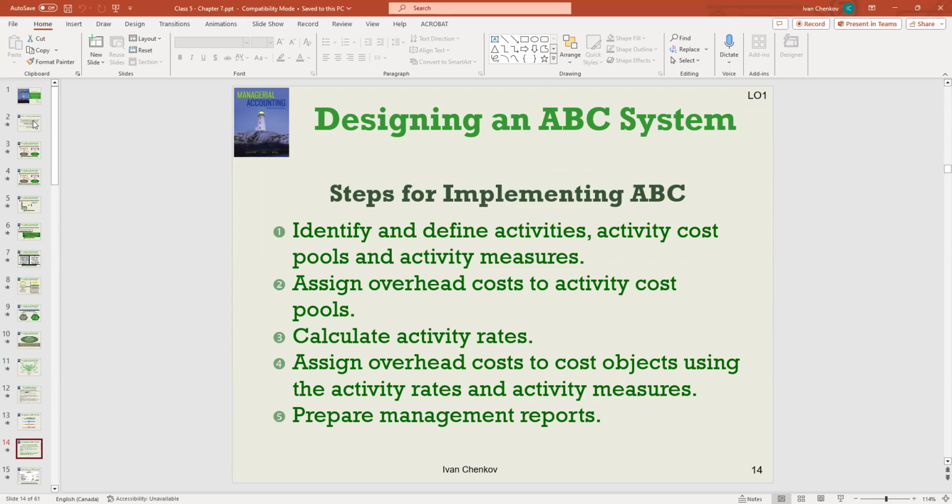Why do we need to do all those things? Do you understand the idea? Why do we need to do all those things? What do you think? How is this going to make our life easier?